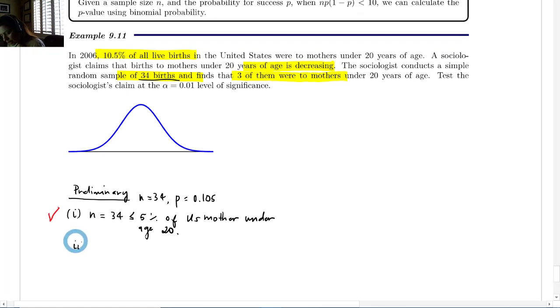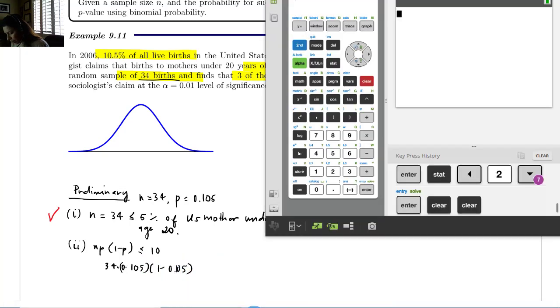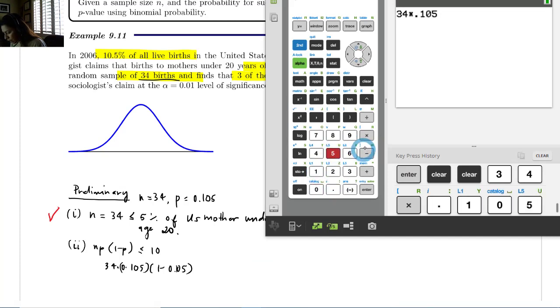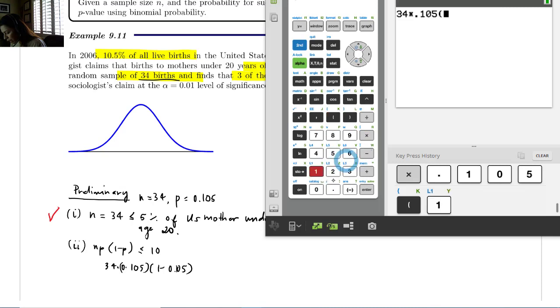The next piece we said is that product, right? n times p times 1 minus p should be greater than or equal to 10. So let's go ahead and test that. Let's do 34 times 0.105 times 1 minus 0.105. So I'm just going to go to my calculator and put 34 times 0.105 and then times 1 minus 0.105.